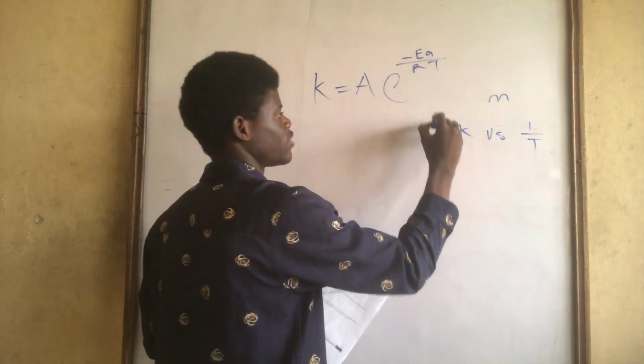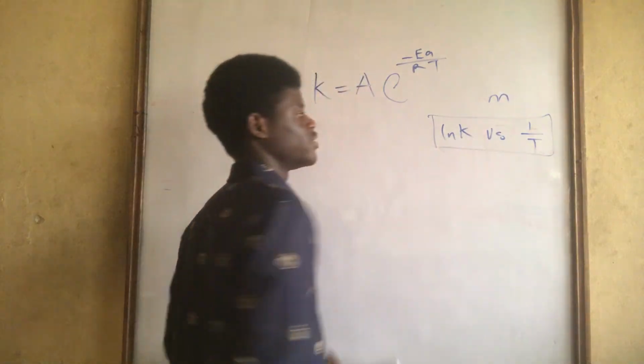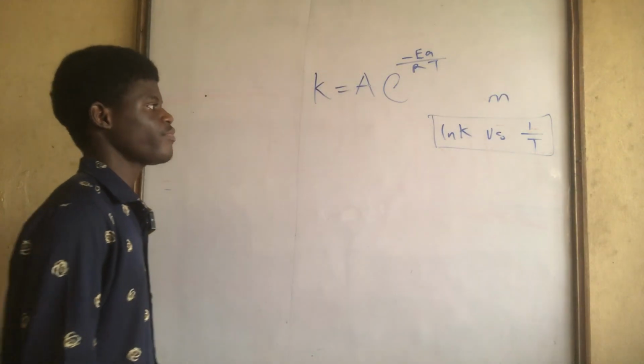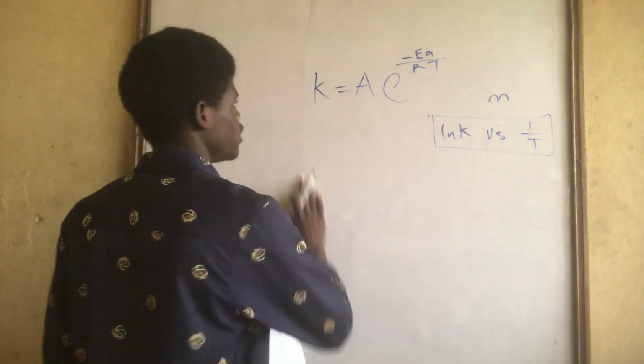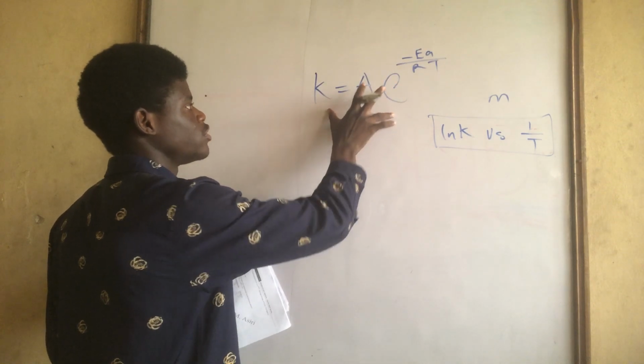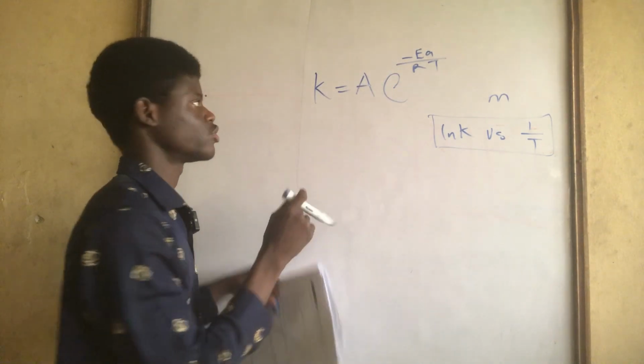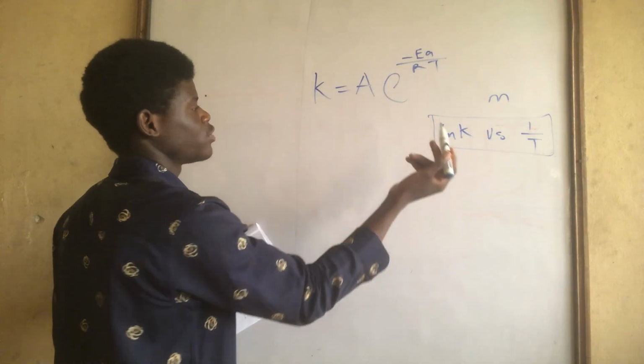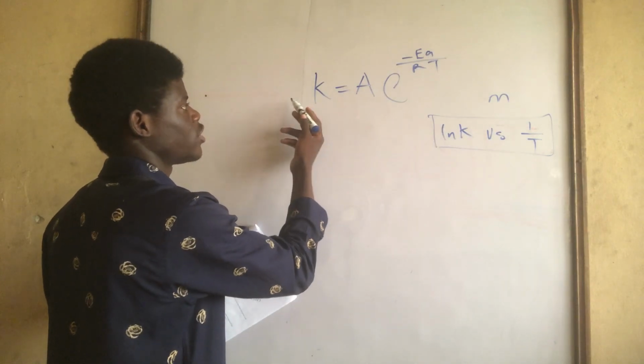In fact, them giving us this is like giving us a bonus. We want to restructure this equation in a way that will resemble a straight line equation. To cancel this exponent, what are we going to do? We are going to take the natural log of both sides.